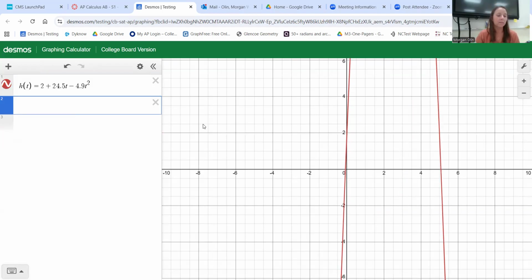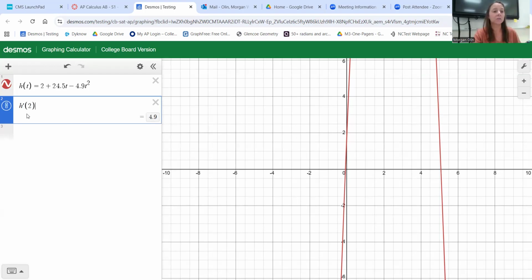Knowing that we're trying to find the velocity at 2 seconds, and we know it's the derivative, we can say h prime of 2, and look what we've got. They automatically give us h prime of 2. And I'm going to write this down, guys, it is 4.9, in meters per second.